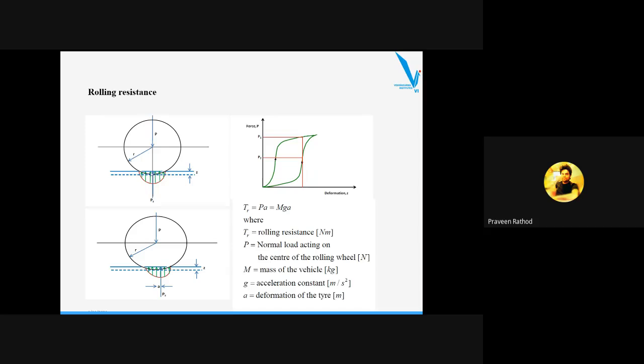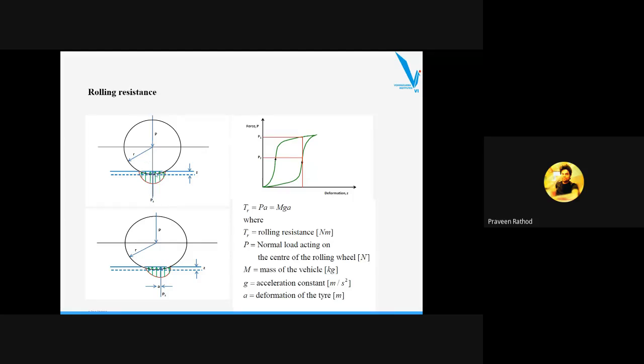Then where are we going to consider the unloading part? Where can you see the unloading?